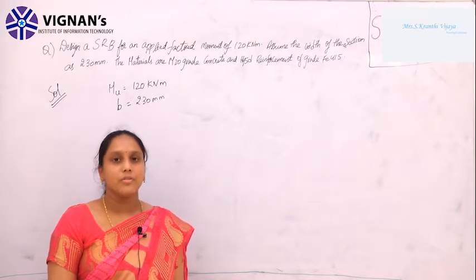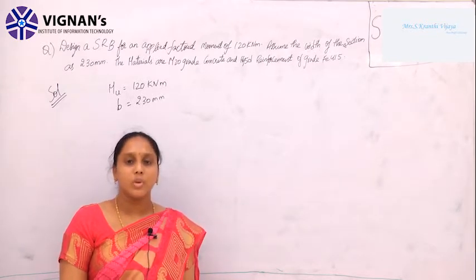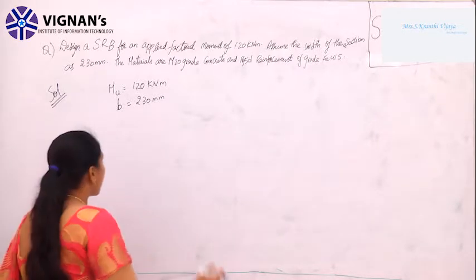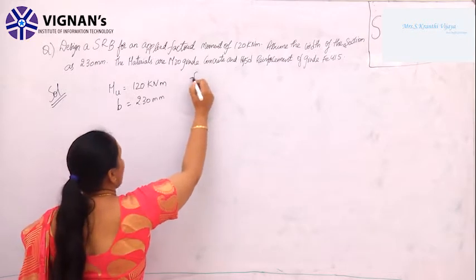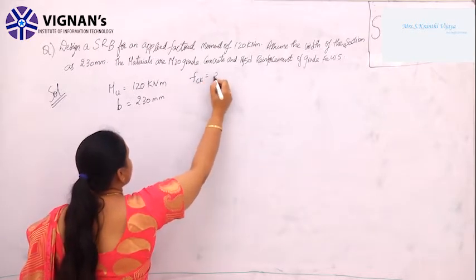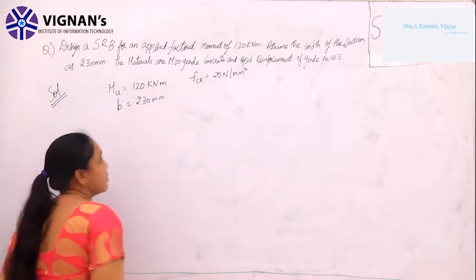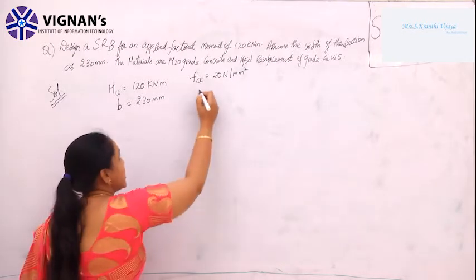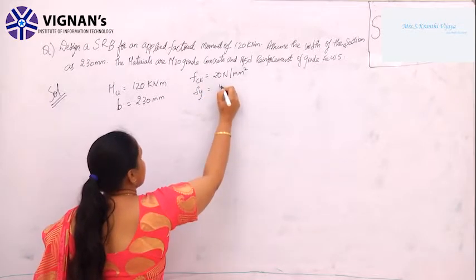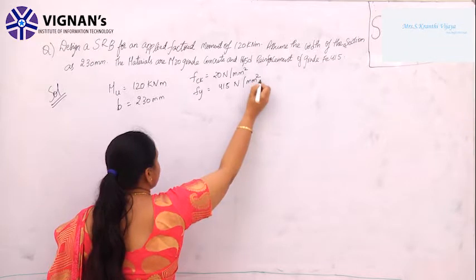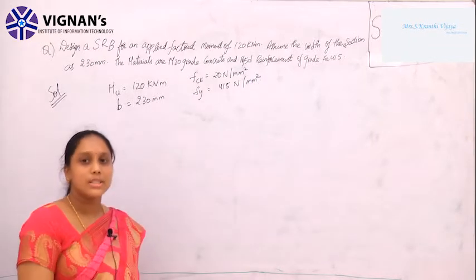In such situations, you have to assume a suitable breadth of the section. The grade of the concrete FCK is given, which is 20 Newton per mm square, and the grade of the steel Fy is given, which is 415 Newton per mm square. So, this is the given data.